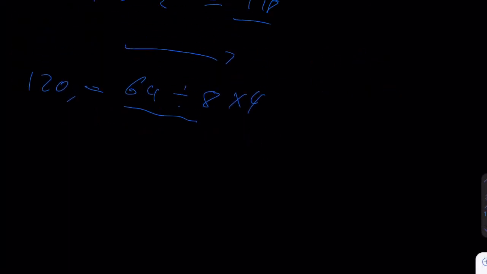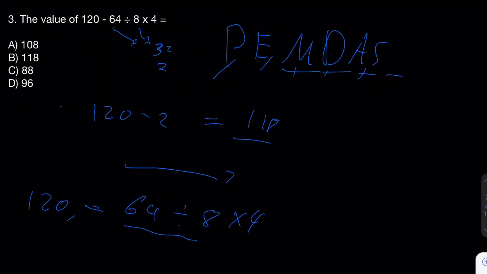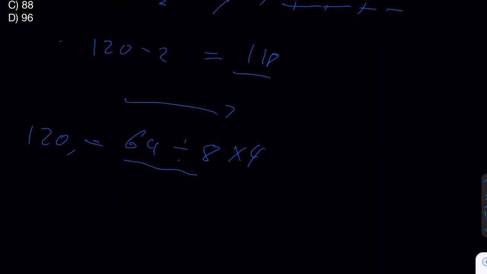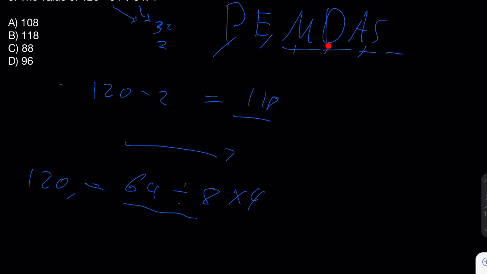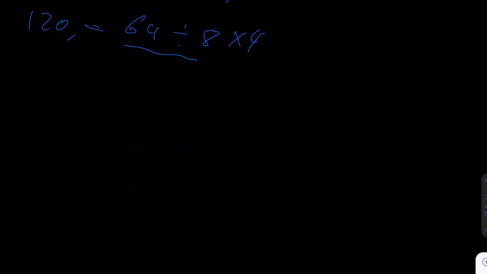So then how do we go about doing this, right? Let's just write the equation again, and let's go this time from left to right. Of course, starting with division because PEMDAS. 64 divided by 8, that's gonna be 8.